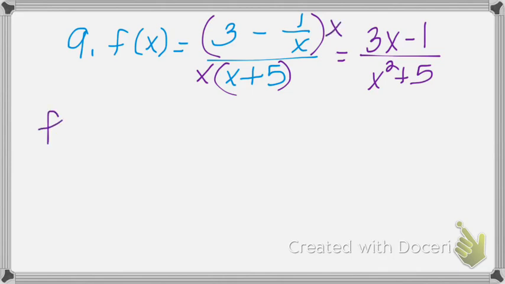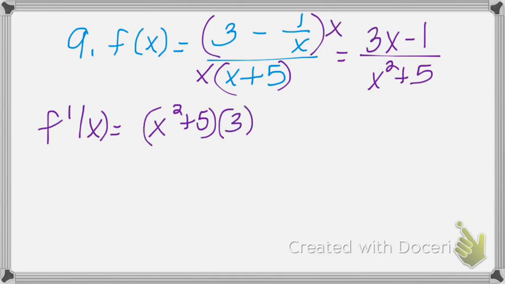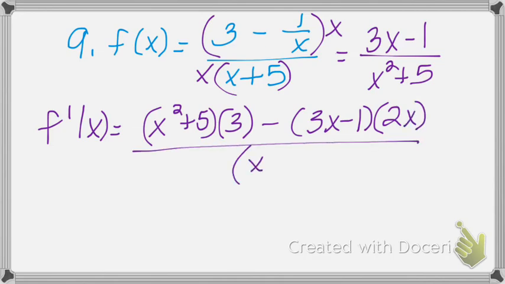And so now if I do the quotient rule, I get the bottom times the derivative of the top minus the top times the derivative of the bottom over the bottom squared. You do need to simplify. That would be 3x squared plus 15.